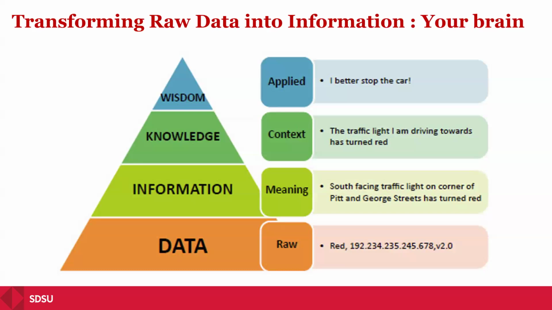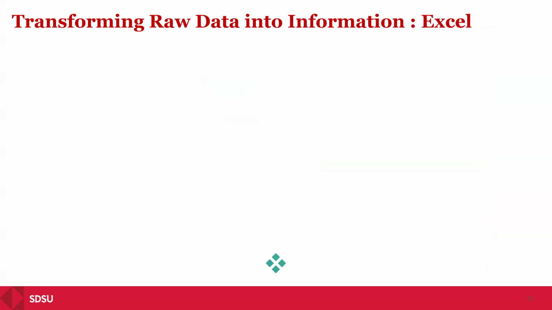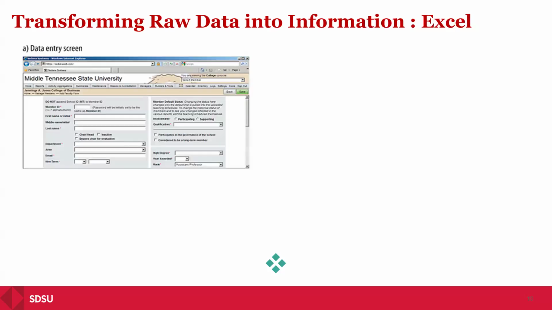Let's look at how different tools help us transform raw data into information. We're going to look at the easiest example, using Excel. We start by entering data for Middle Tennessee State University. That's the first data entry screen, where we put information into the system.